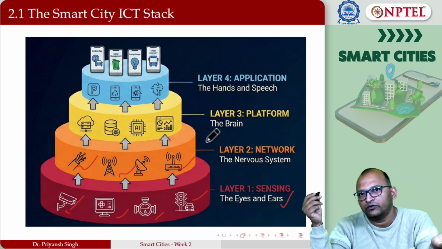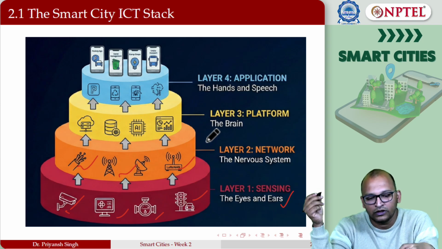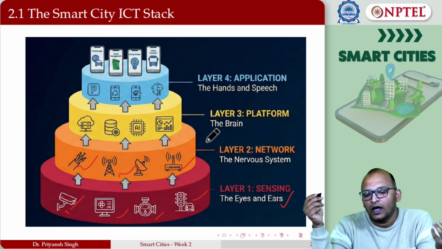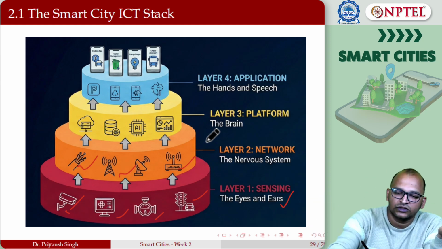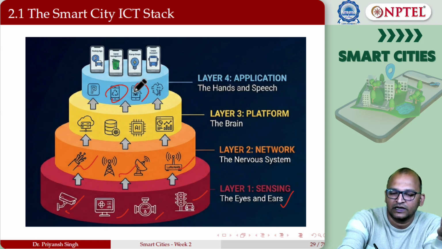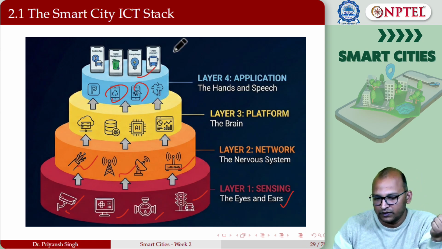Then you have platforms, maybe a cloud or some other computational platform, where all this information will be collected and processed. Based on this processing, there will be some result, and those results will be displayed in an app or in a dashboard form, and will be available to you.